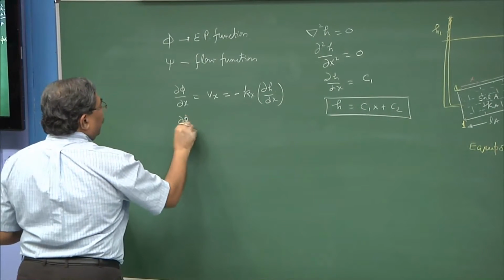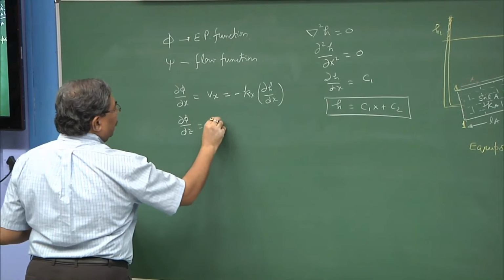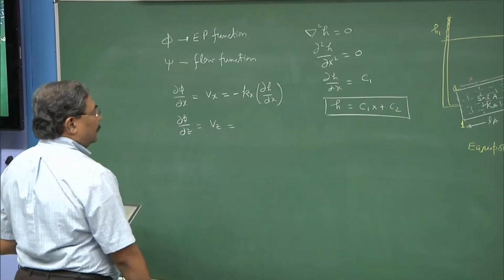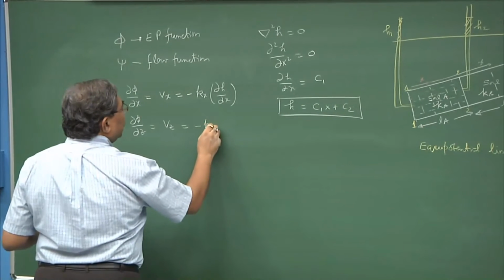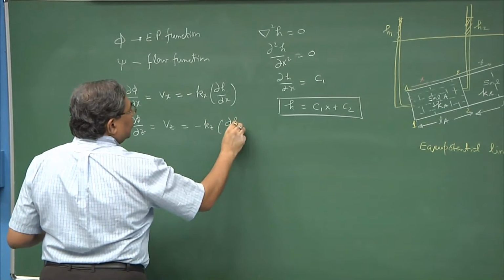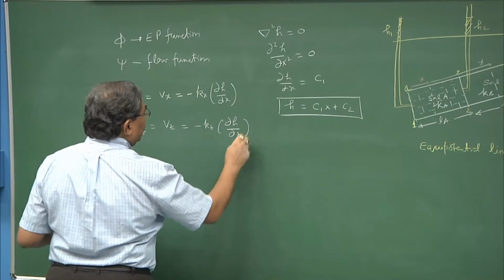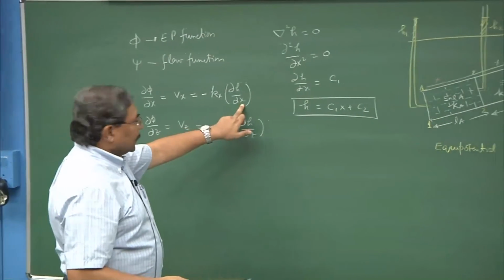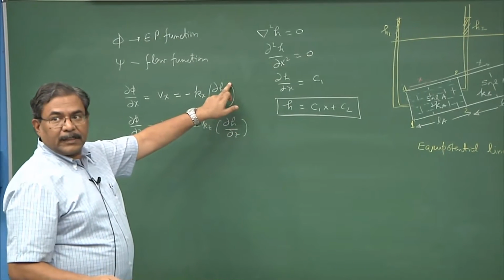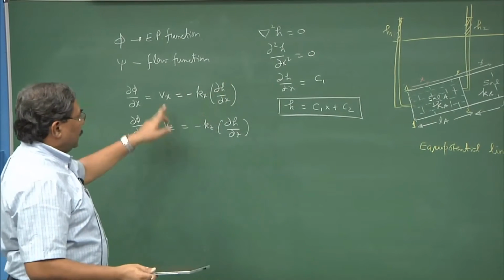And del phi over del z will be equal to Vz, discharge velocity, minus kz del h upon del z. The minus sign indicates that as x increases, the h decreases. All right. So, this is what the interpretation is.